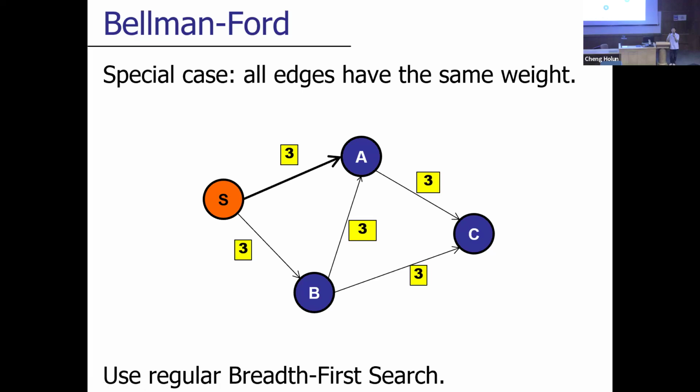Breadth first search can find the path with the minimum hops. So you don't need Bellman-Ford, but can directly use breadth first search, which is an extremely fast algorithm. Breadth first search only runs in V plus E time.